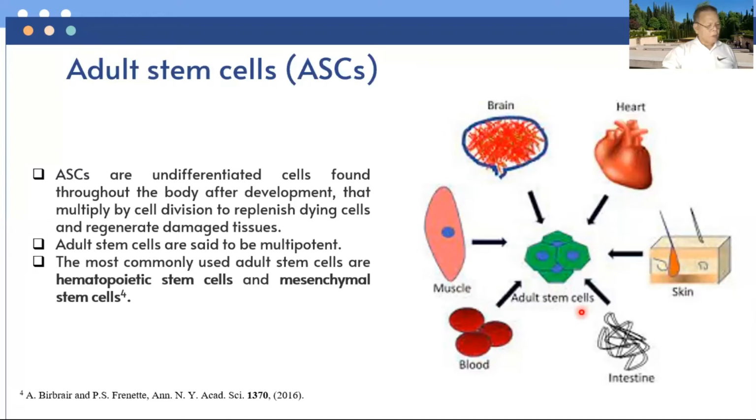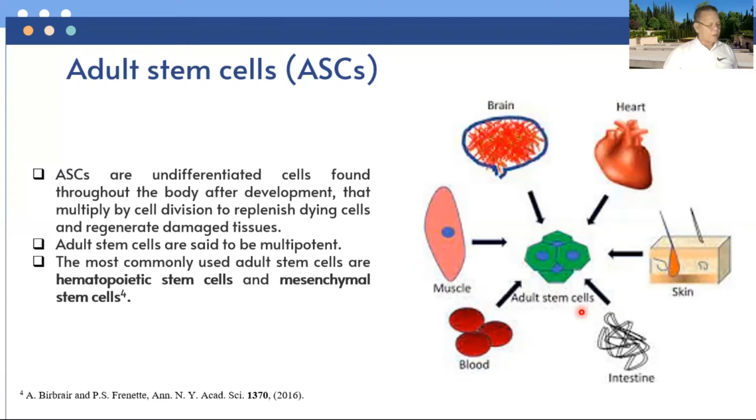Adult stem cells are said to be multipotent, which means they can only change into some cell in body, not any cell. For example, blood stem cell only replace the various type of cell in the blood. Skin, this one is the epithelial stem cell, provide the different type of cell that make up our skin.